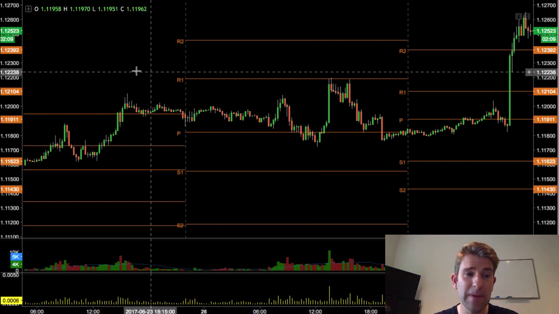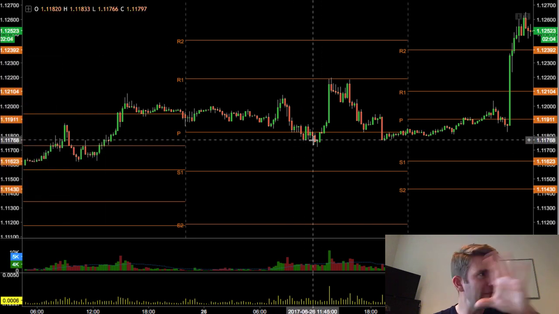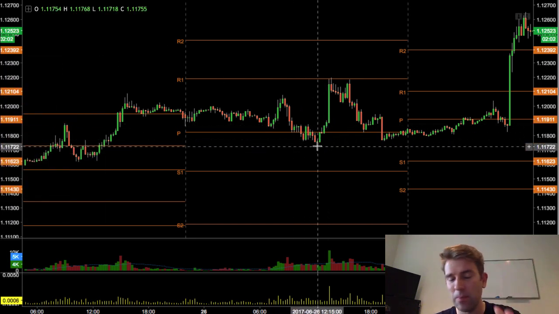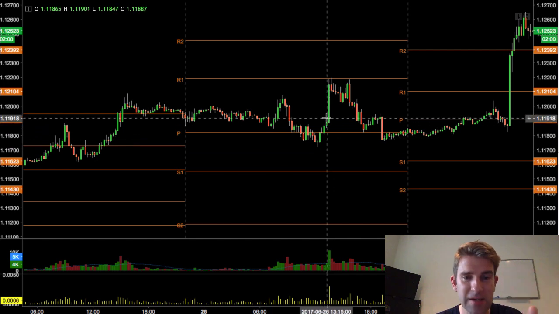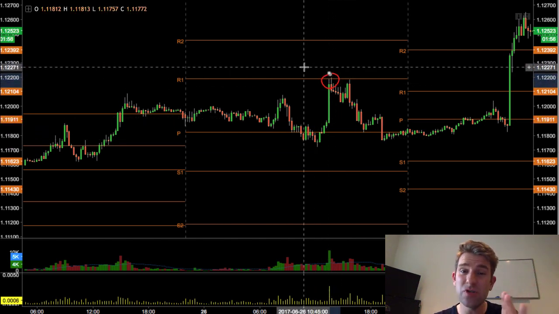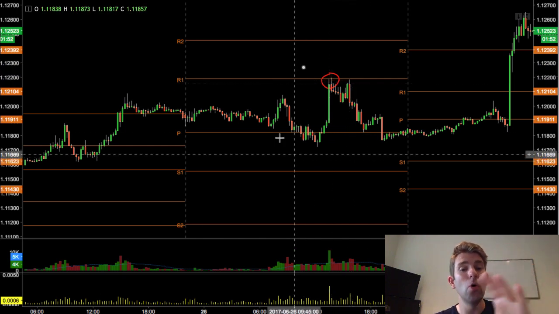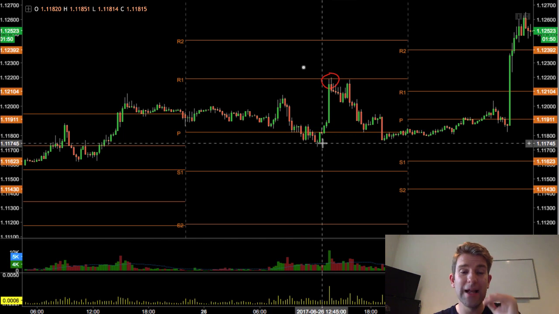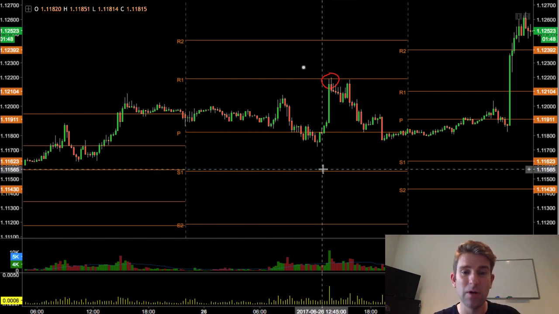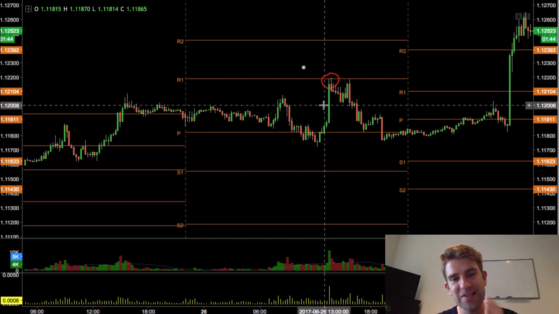So the theory being, if we can get on the end of a trade, in other words we've bought for whatever reason, whether it's the break of this high or a double bottom, that's not the point. We're long, and if the buyers continue to stay in control, this is likely to test R1, or if we're flipping it on its head and going short, it's likely to test S1. So it really enables us to frame the trade in a far better manner.